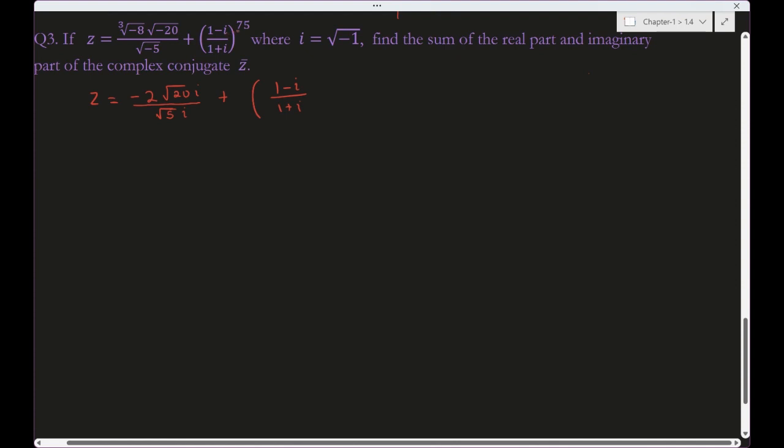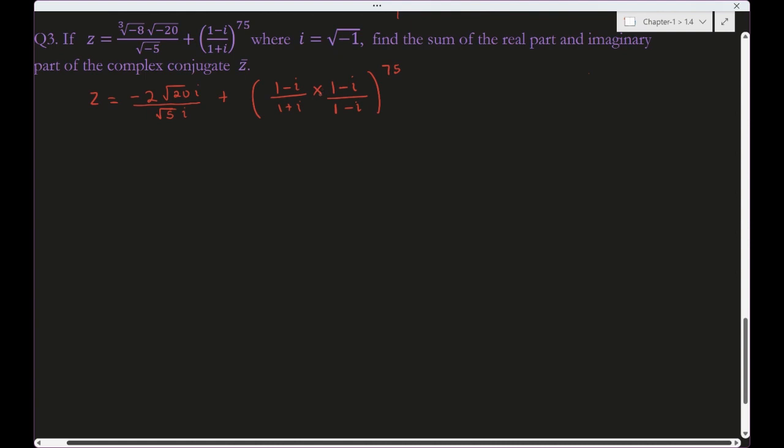So here you can say, okay, 1 minus i to power 75, but to deal with that, it's going to be very tasking. So better we rationalize inside. This is division of complex number. So we rationalize by the conjugate of the denominator, right?